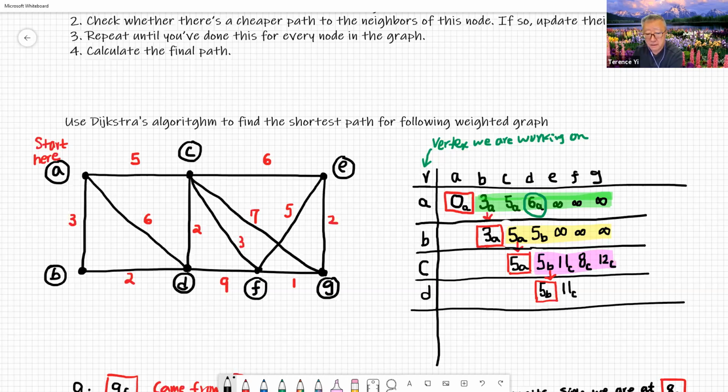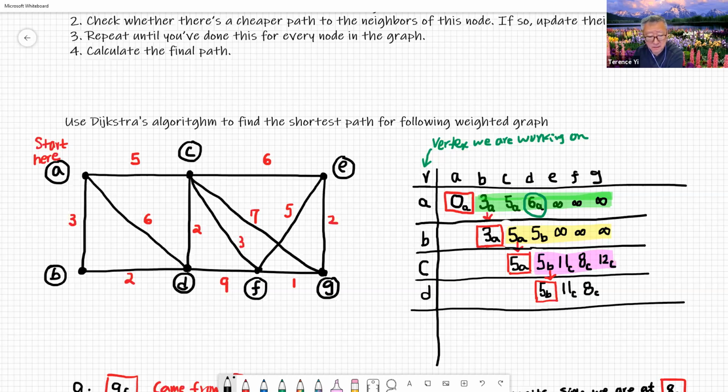Okay. Now what about D and F? Now that's going to be the 9. So between the 9 and F, D and F. So if you go coming from A to D and D to F, that's going to be 15. It's going to be greater than 8. So we don't want that. We just want to keep the 8. Remember that the 8C is coming from, right?